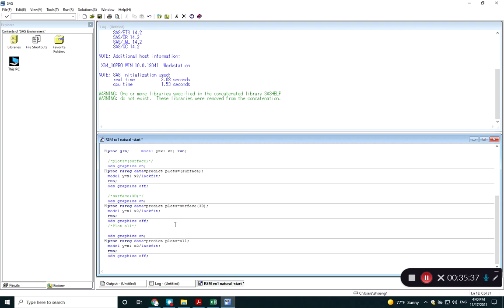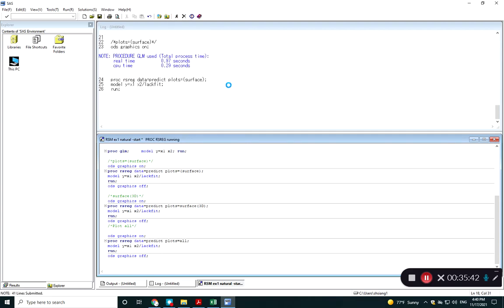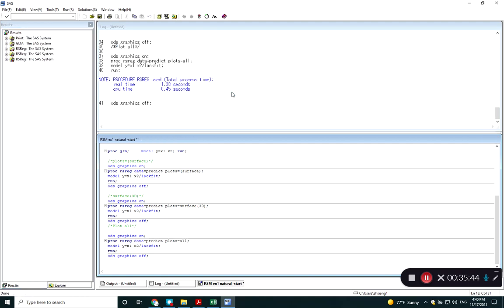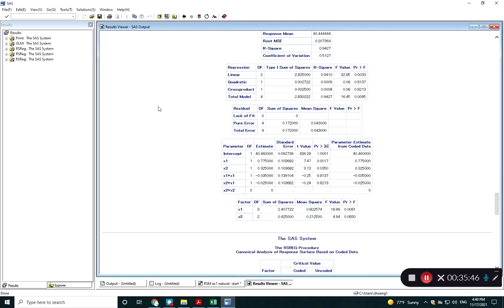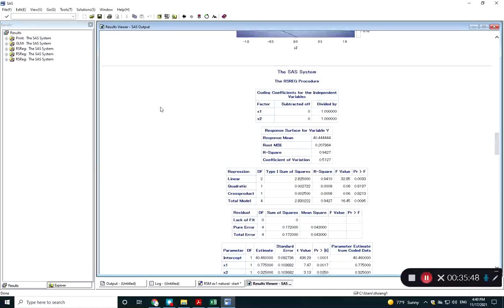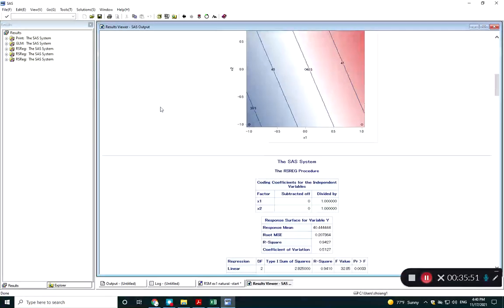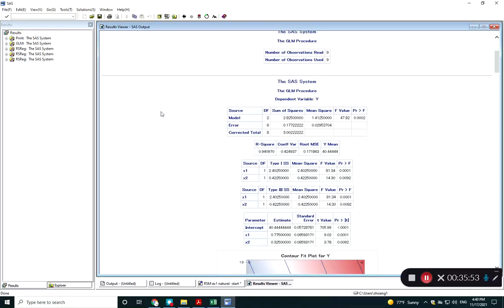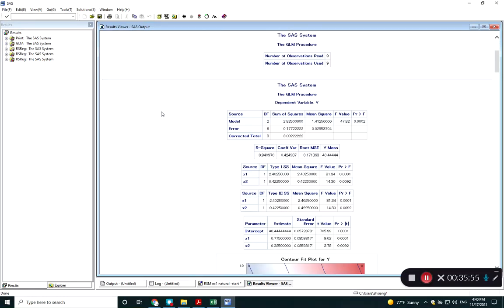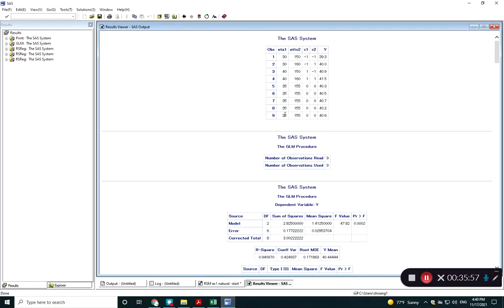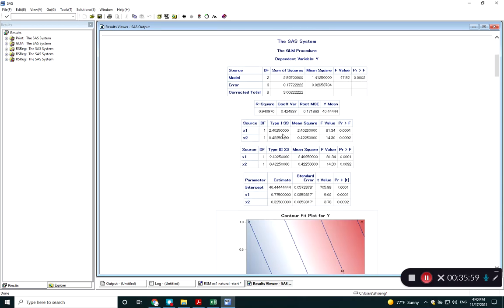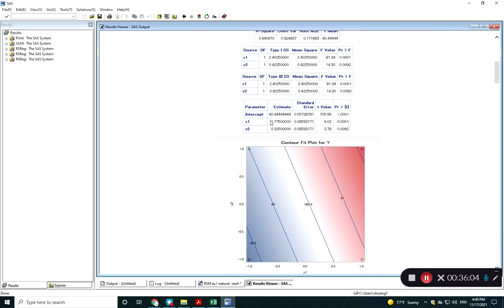It's the same program, just which one you want to base it on. So let me run this one more time so you can see that. Okay. Now, see the whole thing is running based on x1 and x2. The 4 corners are this. And when you look at the estimate, people pay attention to the estimate.